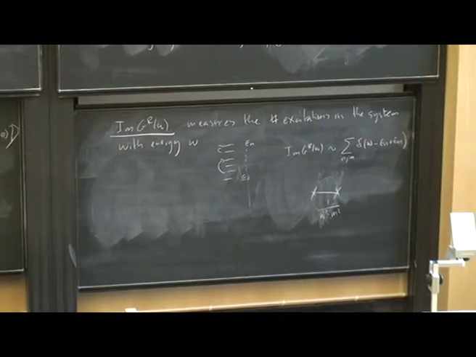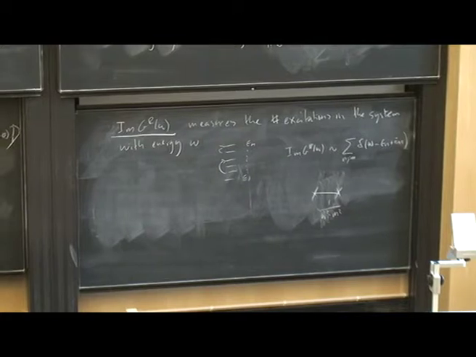Okay, so let's calculate the imaginary part of the two-point function for the density operator for free fermions at finite density. So free fermions at T equals 0 and non-zero chemical potential. The charge operator is psi dagger psi.